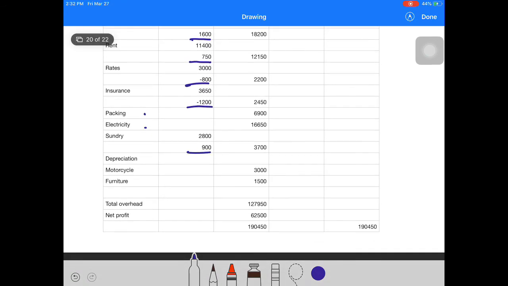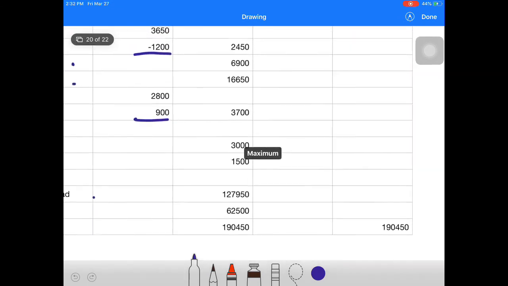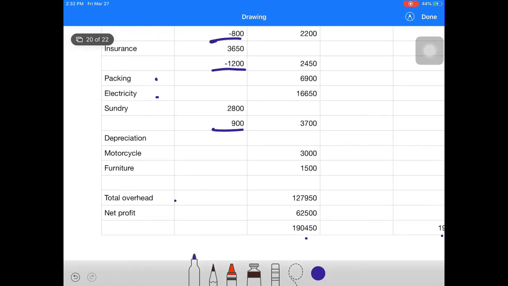This one with the adjustment. Likewise, we have calculated the depreciation, and then total overheads added up to this amount, 127,950. Then if we deduct that amount from gross profit, we get the total net profit. Net profit value is here.